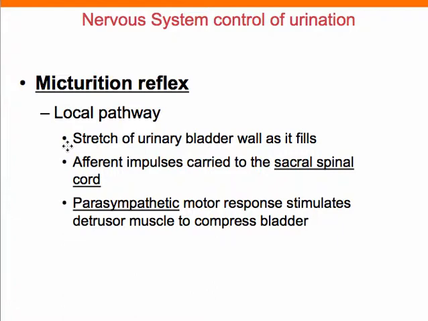And as it does that, it is going to shrink the volume of the bladder, and it creates more pressure. And so it's a feedback. As the bladder fills, we're going to have more contraction, and that increased contraction increases the need to go to the restroom.